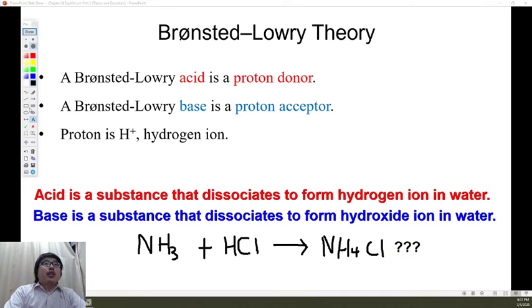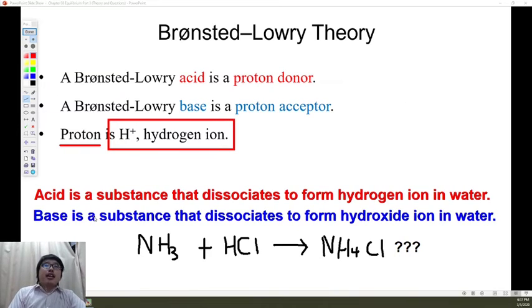They decided to focus solely on the hydrogen ion, or what we call the proton, and ignore hydroxide. The Bronsted-Lowry theory of acids and bases is like this: any Bronsted-Lowry acid is a proton donor, and any Bronsted-Lowry base is a proton acceptor.